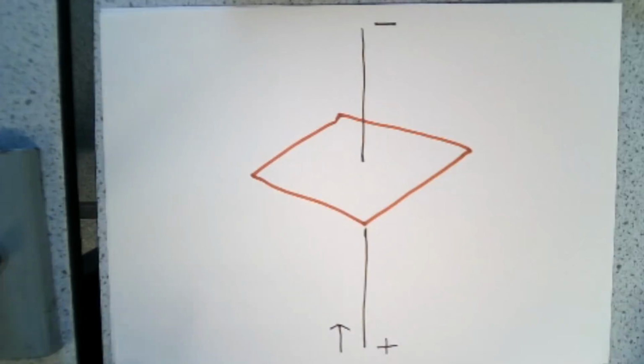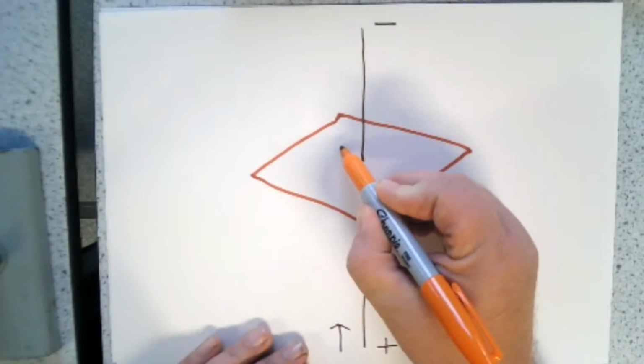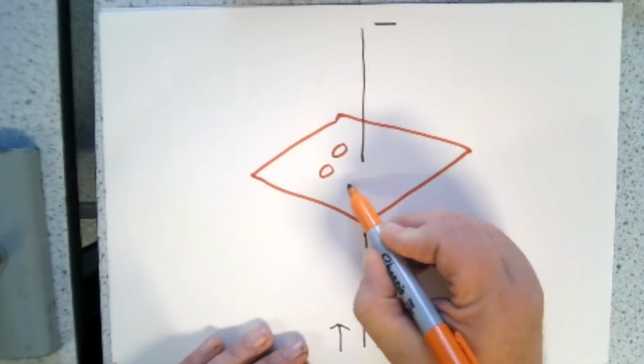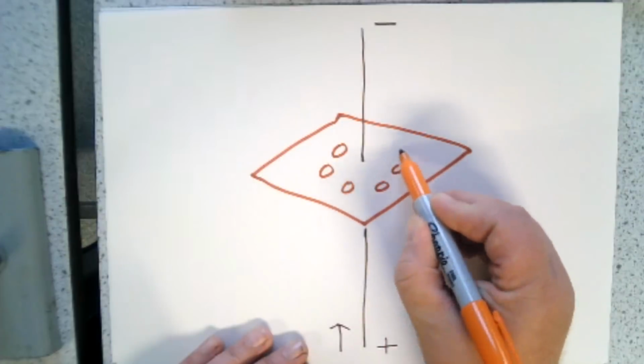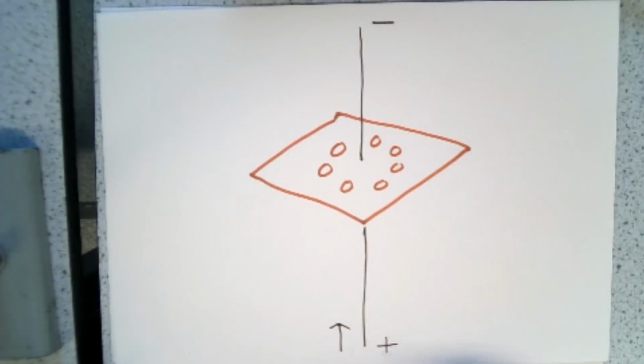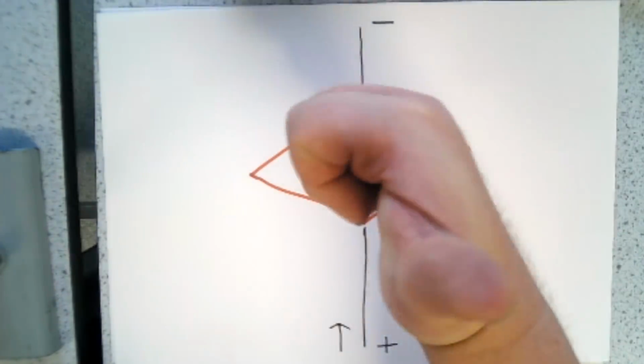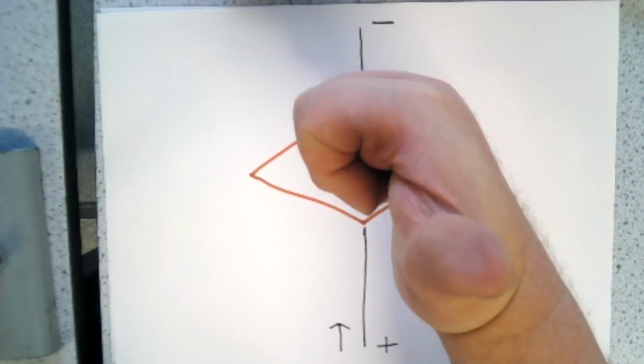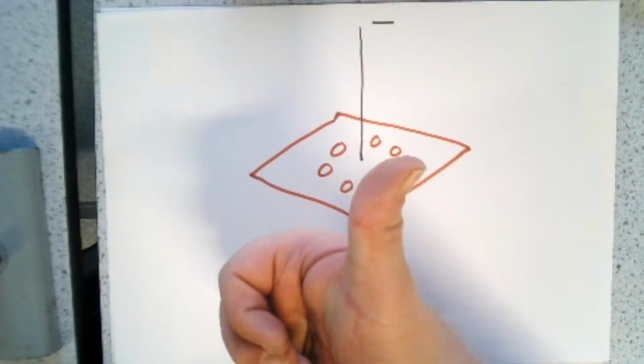I can either take a whole load of plotting compasses again and put them around it and see which way they line up, or I can use something which is called the right-hand thumb rule, okay? So it's a little bit like putting your thumbs up. I'm going to put my thumb this direction.